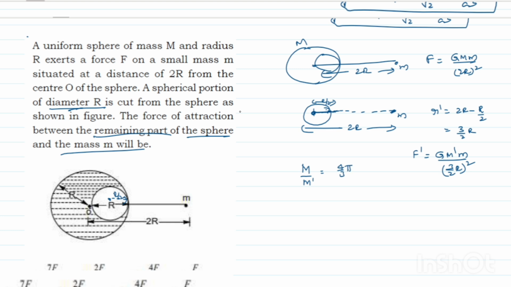Radius is given as r, so here 4/3 pi r cube by 4/3 into pi into the removed portion radius, which will be (r by 2) whole cube. 4/3 pi gets cancelled, this is r cube, which is nothing but m dash.